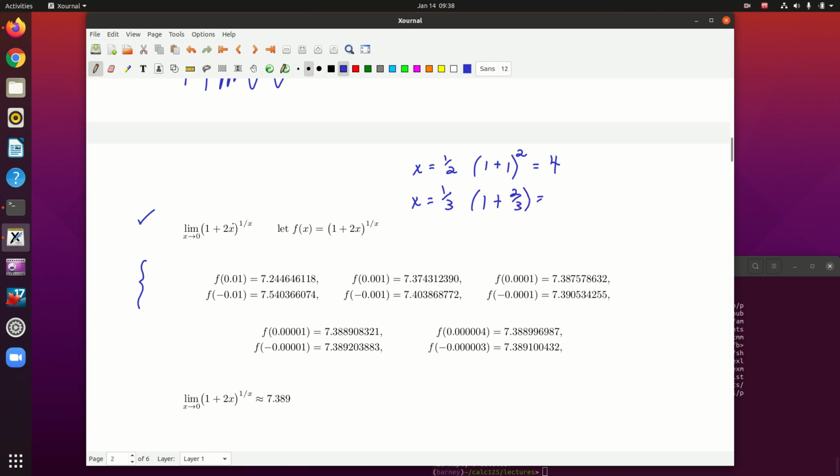And then you're going to raise that to the 1 over 1/3, that's to the 3rd power. So we get 5/3, and that's cubed. That's going to be 125 over 27, which you can see is 4 and a little bit more.